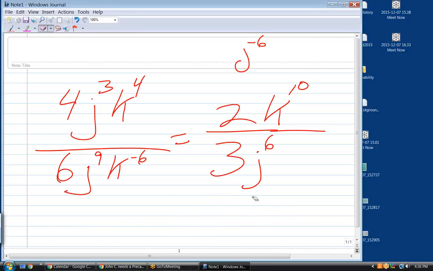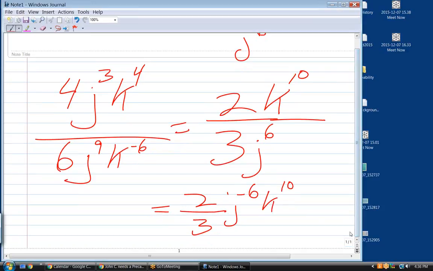In other words, you can worry about whether to put it in the numerator or the denominator later, at the end of the problem. The only thing you have to do immediately is subtract the exponents. I immediately see that I have 2/3 j to the minus sixth, k to the 10th.